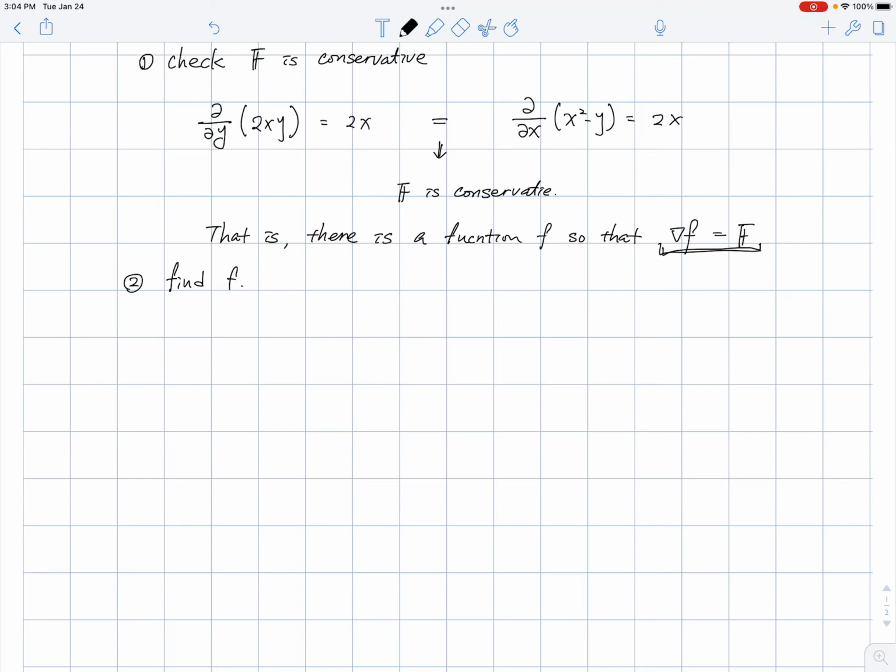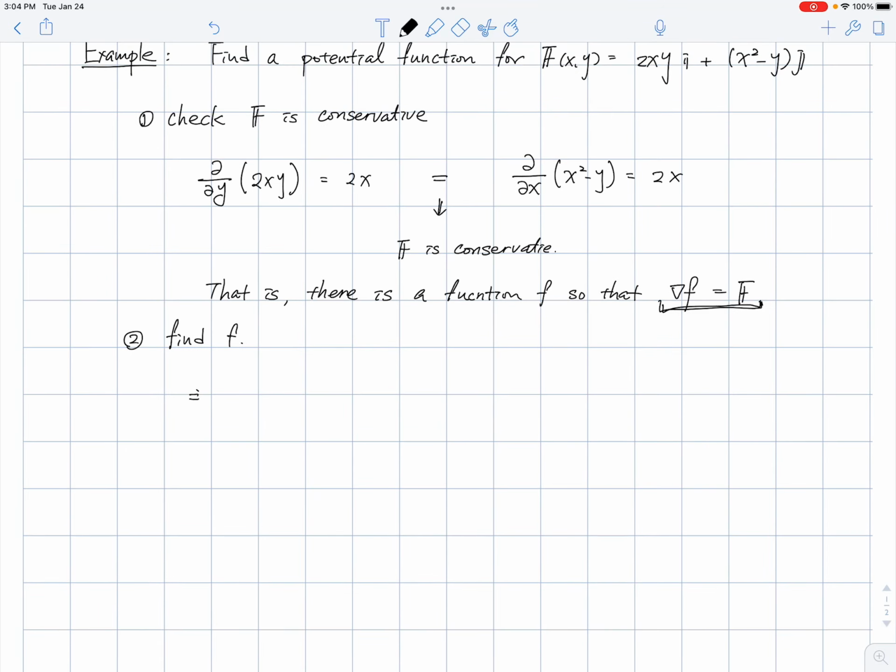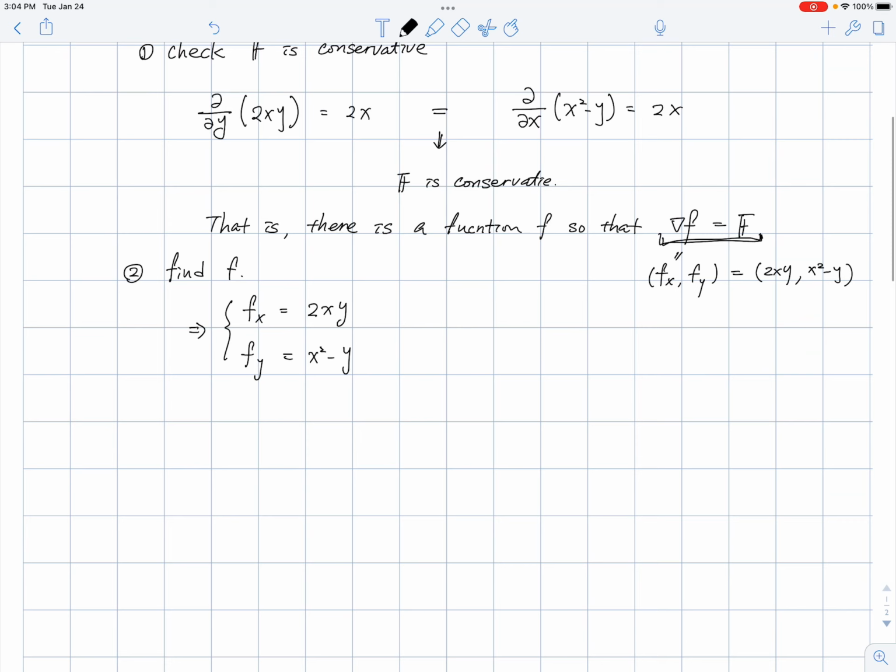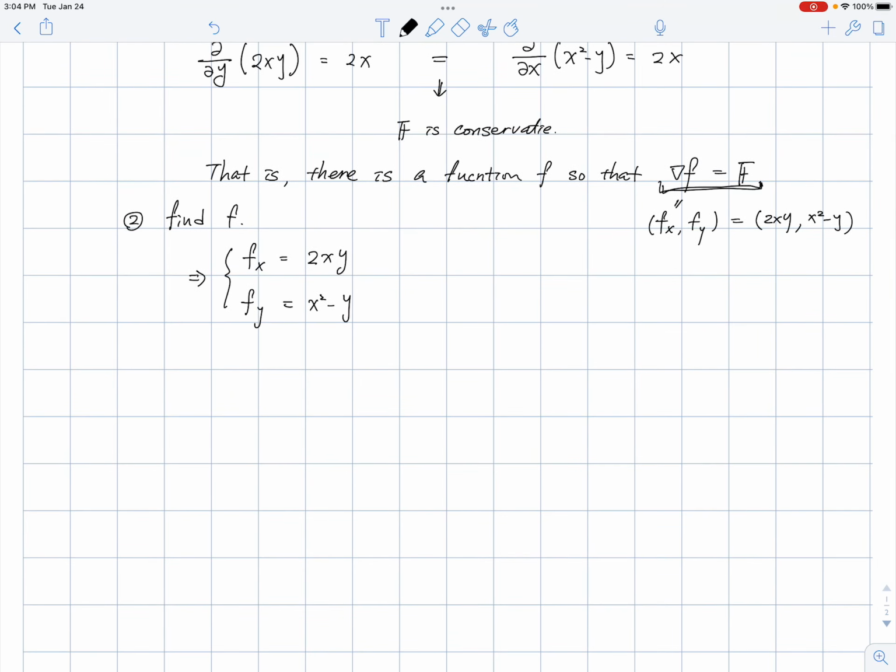From this relationship, we would know that ∂f/∂x equals the x component of the given vector field, and ∂f/∂y is equal to the y component of the vector field, because gradient f is the vector (∂f/∂x, ∂f/∂y), and the vector field is (2xy, x squared minus y), right? So we're going to use these two equations here to find f.